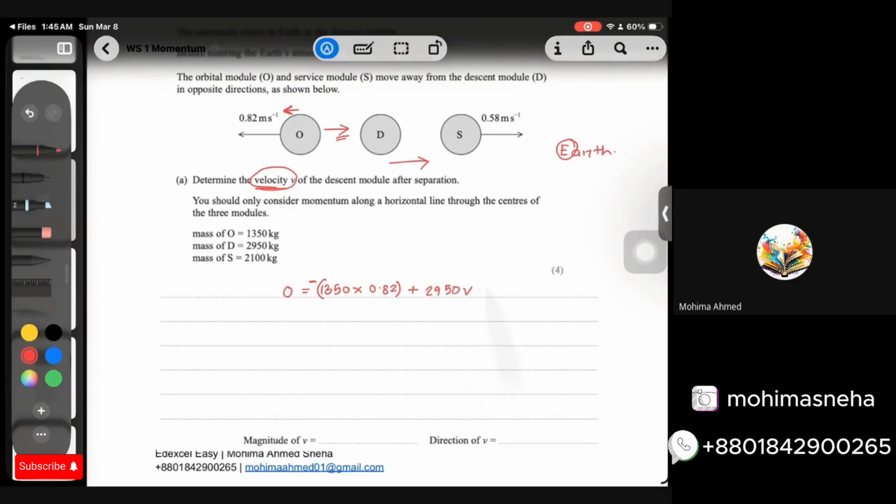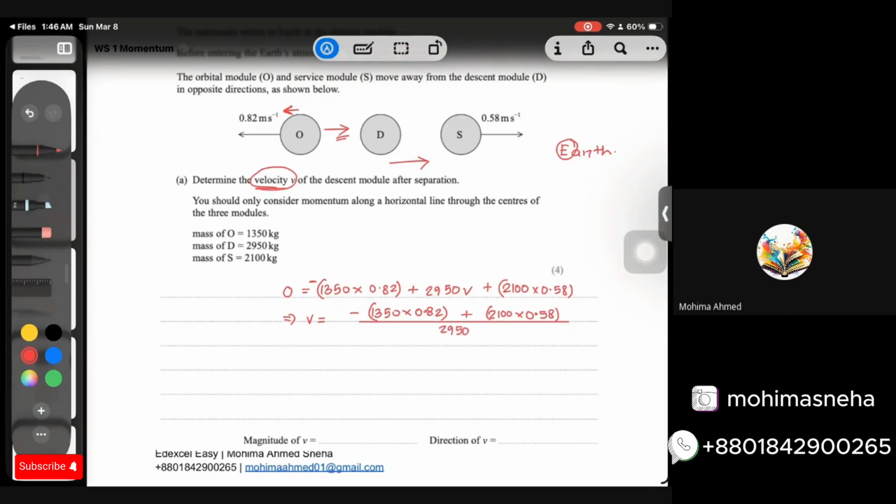So we have 2950 V plus S is also moving in the downward direction, 2100 times 58, right? And from there, you just make V the subject. That's going to be 132950.